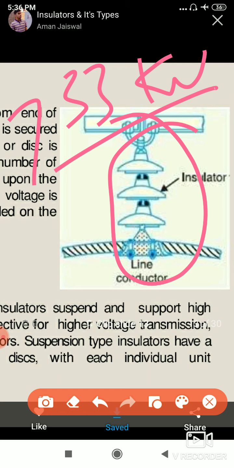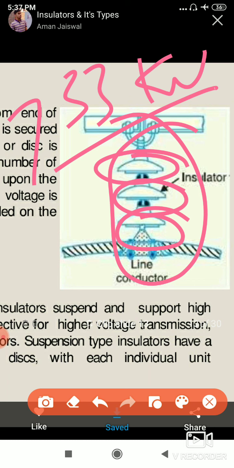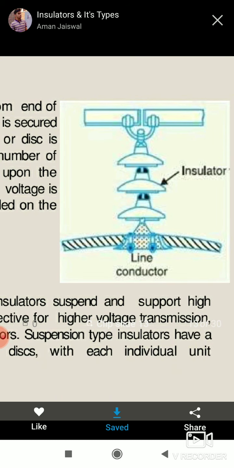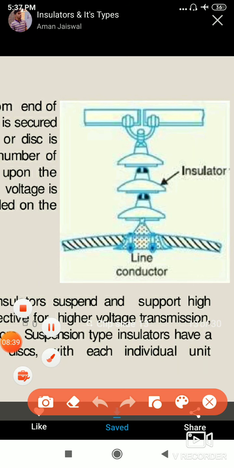Each disc is connected in series and placed horizontally. You will see this in real life in long transmission systems which have higher voltages. Each disc represents 11 kV. Suppose there are 3 discs.